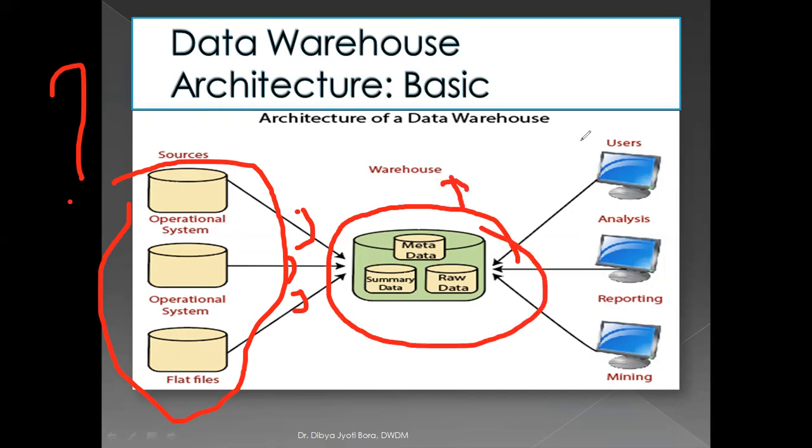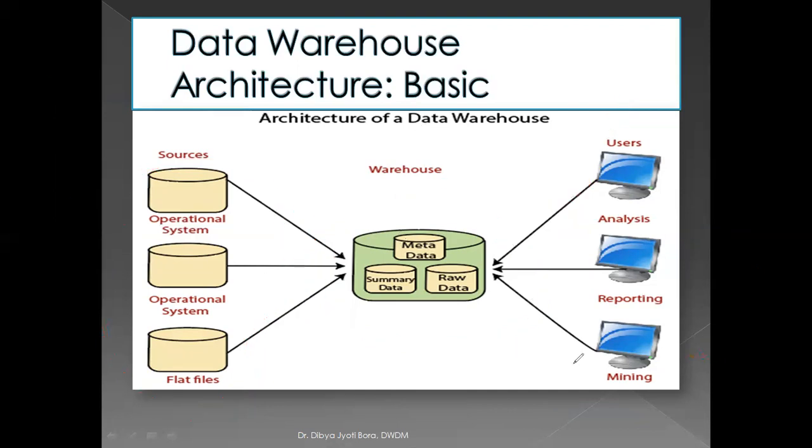And from there, different users are linked. Someone is doing analysis, someone is reporting, someone is mining, but the users are directly linked to this data warehouse. So this forms the basic data warehouse architecture. You can take a screenshot of this.